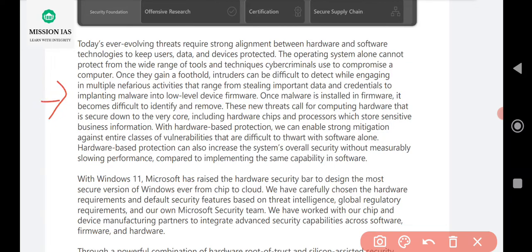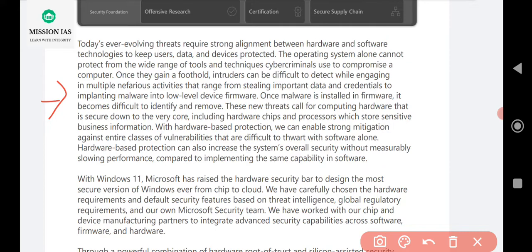Nefarious activities range from stealing important data and credentials to implanting malware into low-level device firmware. Once malware is installed in firmware, it usually becomes difficult to identify and remove.